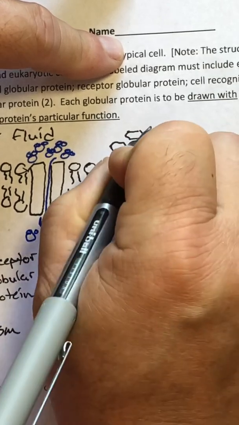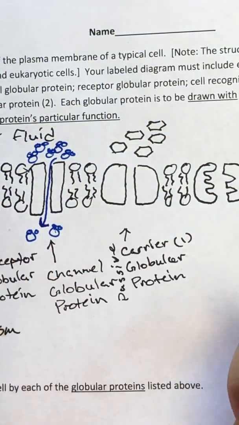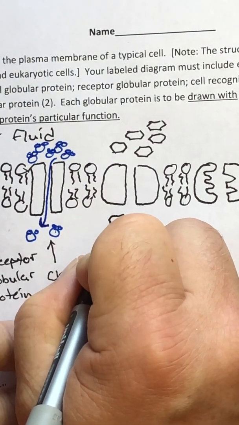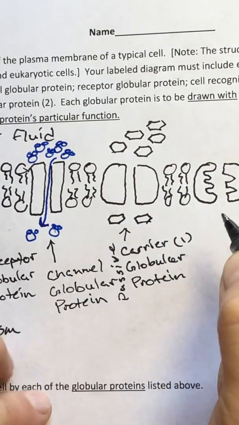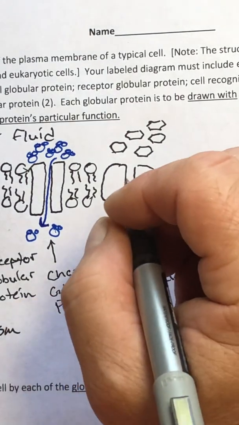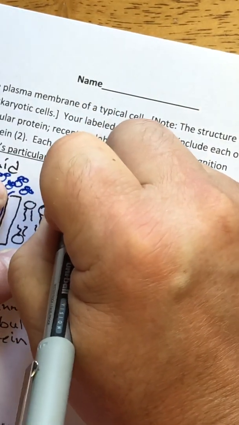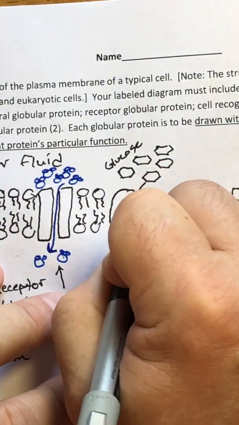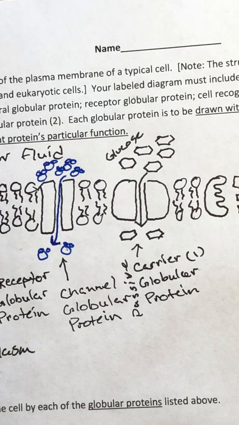And so this particular protein will actually undergo a shape change to help facilitate, it's called facilitated diffusion, the movement of certain molecules across the membrane, in this case glucose. It's still going to follow the concentration gradient. And so let's write glucose in here just so you know that that's the molecule that we're talking about. But it's going to go from a higher concentration to a lower concentration, seeking equilibrium. No energy investment by the cell.